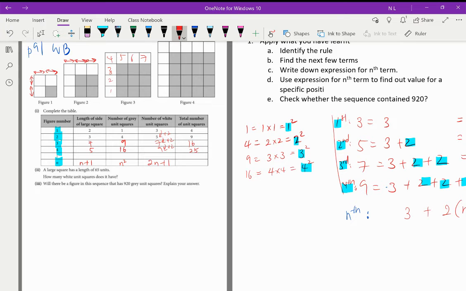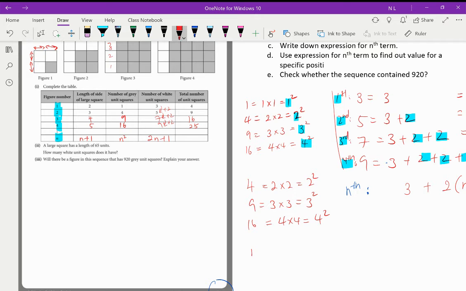So if you notice, 4 can be written as 2 times 2, which is 2 squared. 9 can be written as 3 times 3, which is 3 squared. 16 can be written as 4 times 4, which is 4 squared. And if I have the nth figure, it will be what?